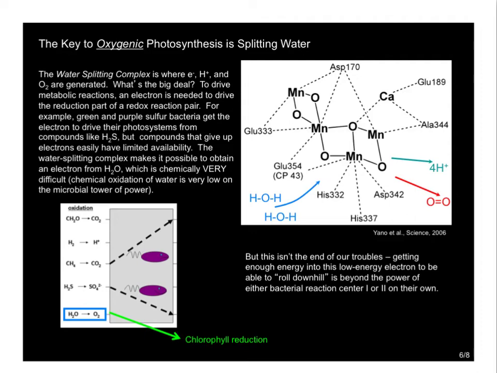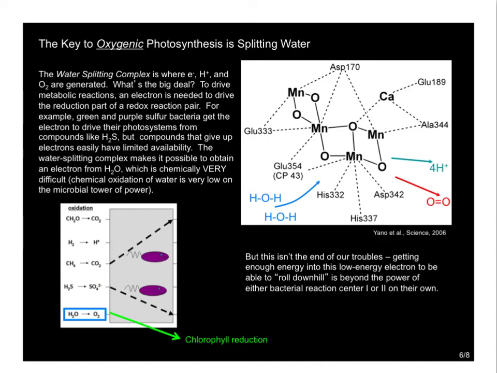The problem is that oxidation of water into hydrogen and oxygen is really low on the metabolic tower of power, substantially lower than the oxidation of hydrogen sulfide. You can see the difference right here.